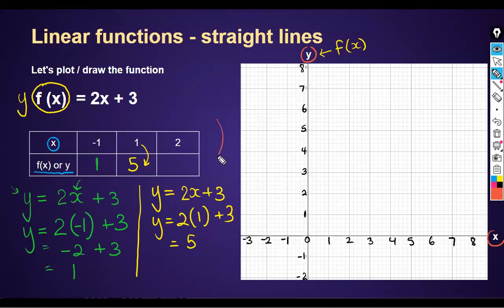To calculate this value here, we're pretending x is what? 2. So y is equal to 2, I'll replace the x with 2, plus 3. 2 multiplied by 2 is 4. 4 plus 3 is 7.